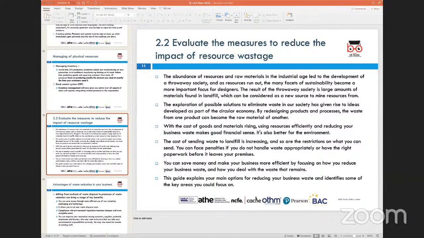Now, if I look at anything that has a process wherein it is using natural material, then it is processed into a product, and then as a product it gets sold. But when it is being processed into a finished product or a service, it creates some sort of a waste.